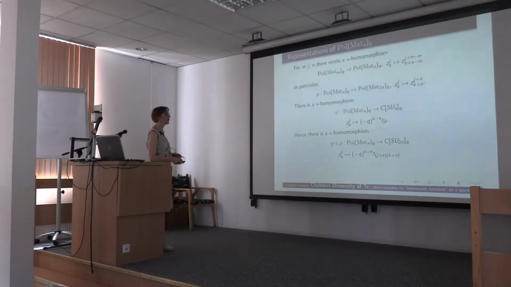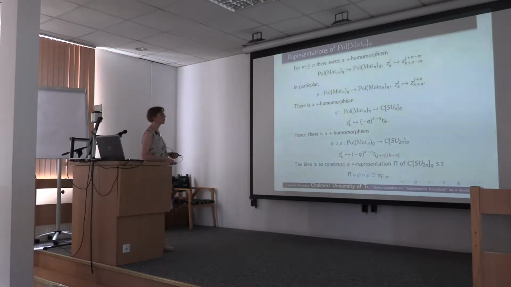The representation theory of this quantum group is very well known, so we want to use representations of this quantum group to get representations of this algebra. In particular, we want to find whether some representation of these quantum groups can give us this special Fock representation of this algebra.